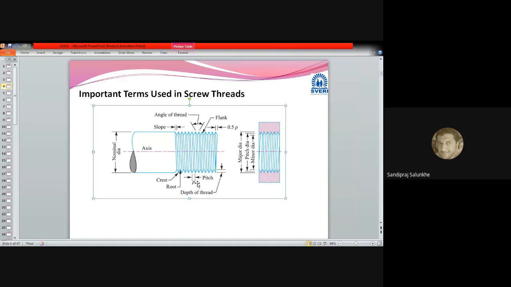Then the crest which is created is on the major diameter. The root of the thread is also called the valley, that is the minimum diameter where the root of that thread is created. Then the slope of the thread is the slope which is provided. That again depends upon the angle of the thread. Slope and angle of threads are related to each other. Okay.